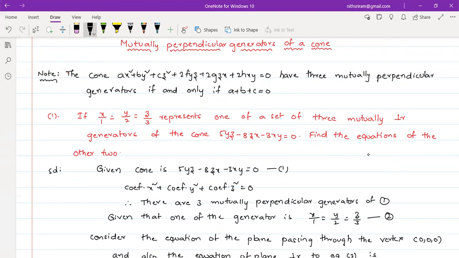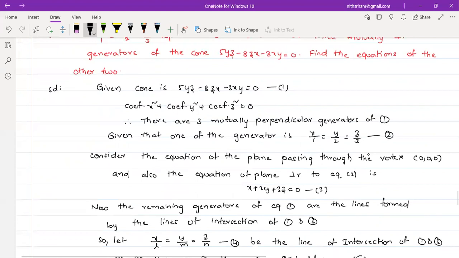For that, we find the coefficient of x square plus coefficient of y square plus coefficient of z square. By adding those coefficients, we get 0. Whenever we get 0, by the above note, we can say that the cone has three mutually perpendicular generators. Since we are given one generator, now we have to find the other two generators.